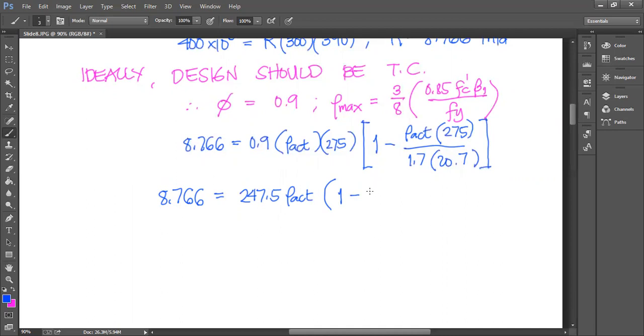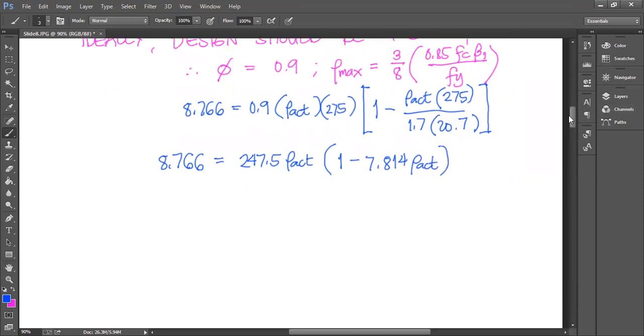So meron tayong 1 minus 7.814 raw actual. Ngayon, kung meron tayong 7.814 na raw actual, pwede na natin i-distribute din yan at the same time. So meron tayong 8.766 is equal to 247.5 raw actual minus yung term natin na gagamitin para dyan sa value ng raw.